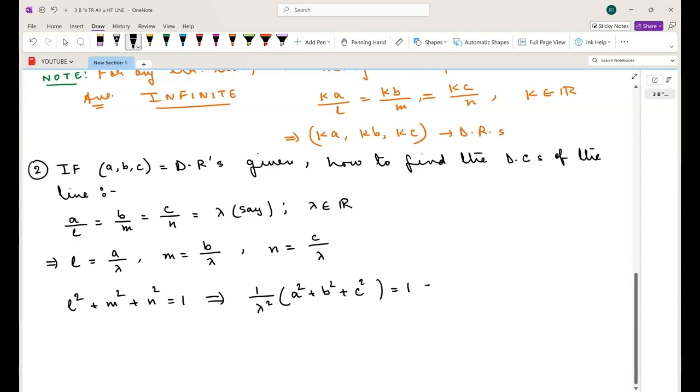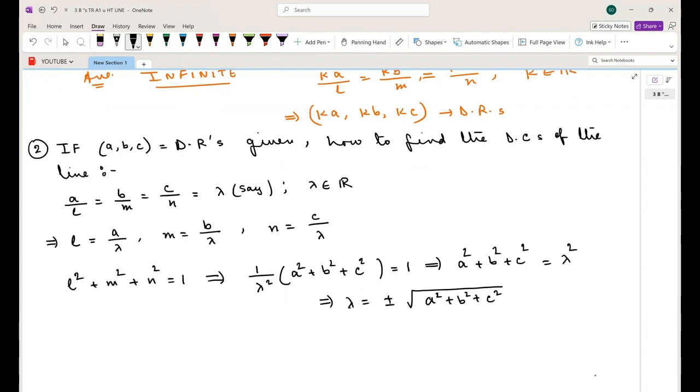So from here you have A square plus B square plus C square equal to lambda square. So lambda equals plus or minus root over A square plus B square plus C square. Right. So now let us see what are the values of L, M, N. Remember, your A, B, C are given.